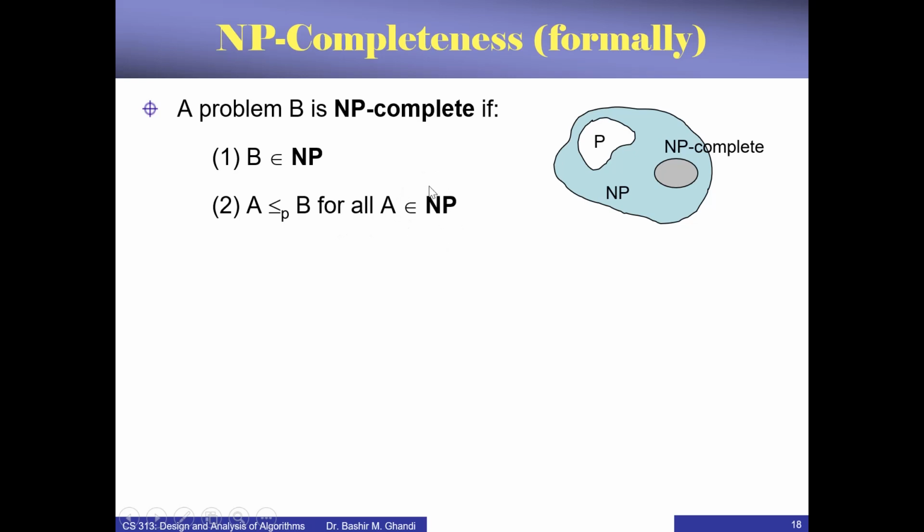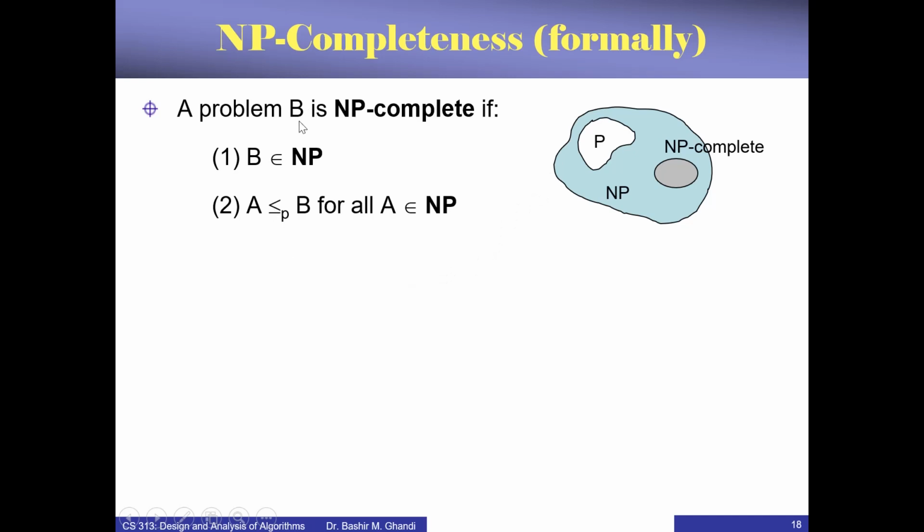All problems in NP are easier than B. A is easier than B for all A in NP. If that is the case, then the problem B is said to be NP-complete. It's the hardest in NP. I hope this is clear.